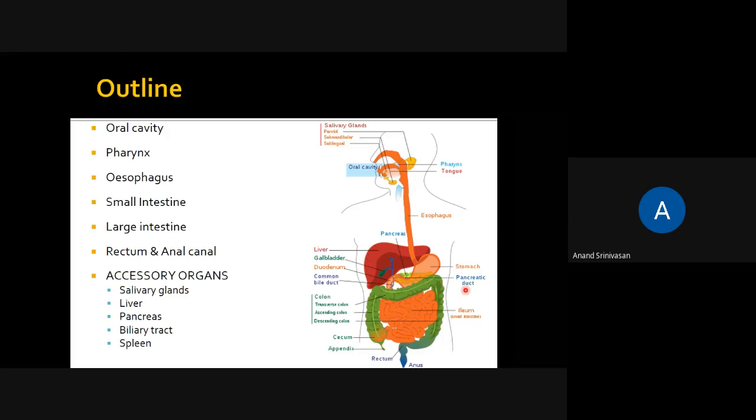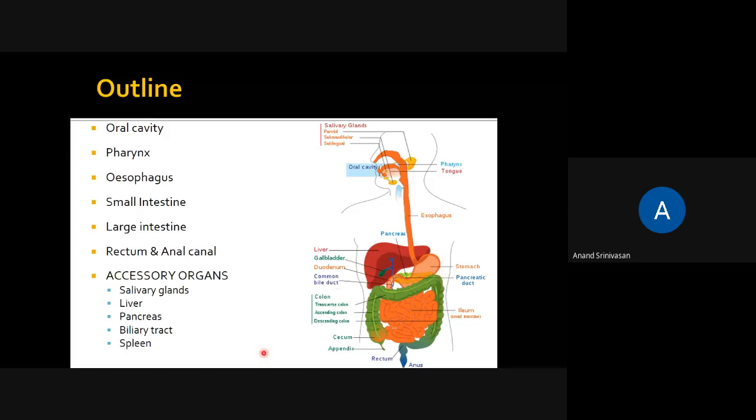Apart from this normal food passage, which is called the gastrointestinal system, there are some organs which support the gastrointestinal structures. The food does not pass through these structures, but they help in digestion. What are these? The salivary glands which secrete the saliva, the liver, the pancreas, the biliary duct, and the spleen.